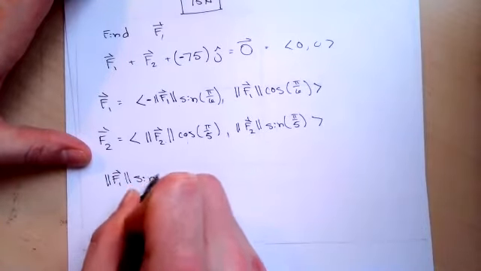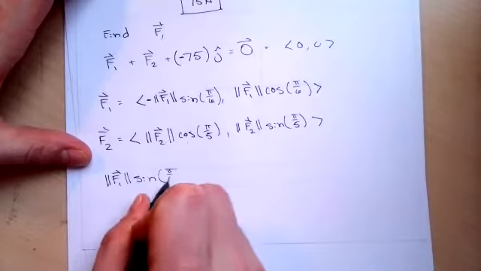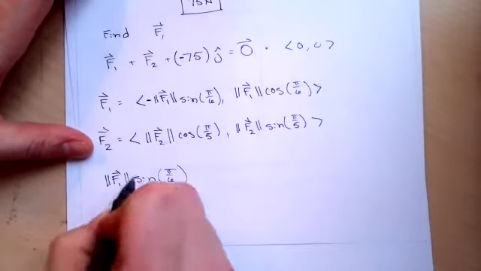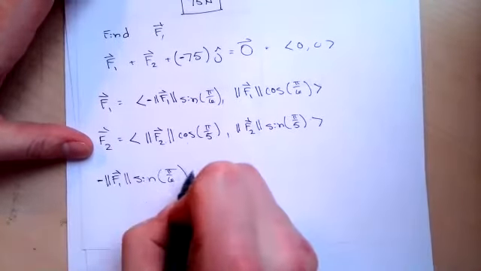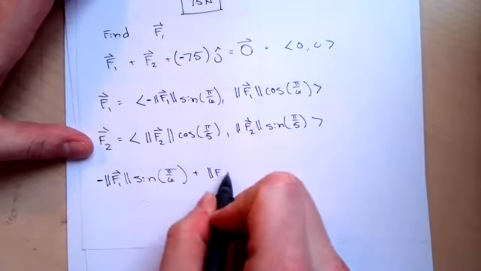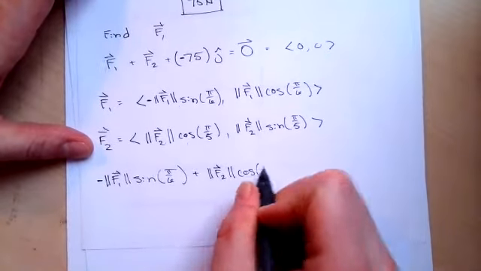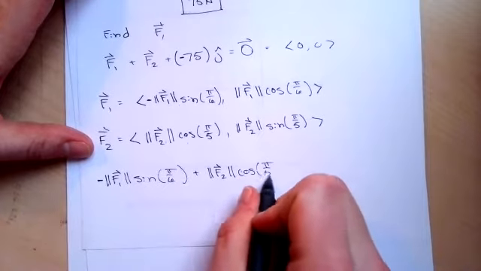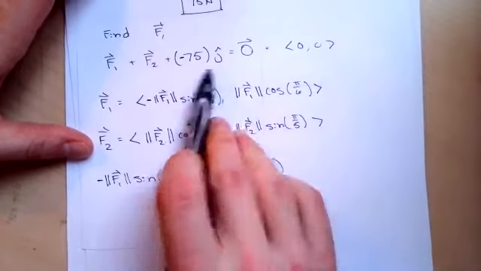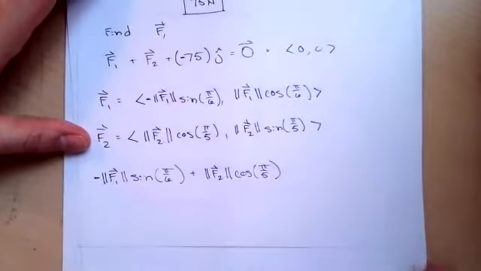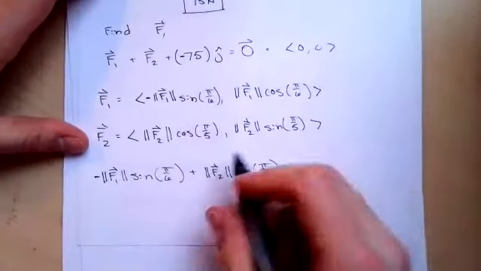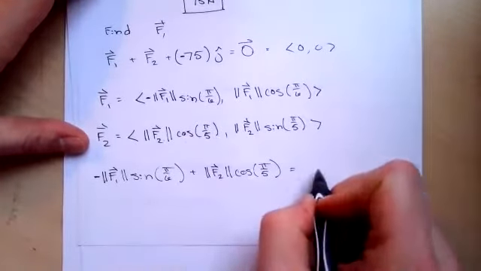I'm just going to keep it as it is. Hopefully everyone knows how to reduce that. It is a negative value, plus norm of F2 times cosine of pi over 5, which we do not know by hand. And then our third vector had no X component, only purely in the J component. So I know that the sum of those is going to be 0.